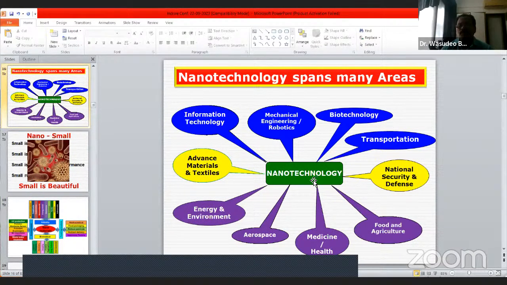So here is shown where we can use nanotechnology: security, defense, food packaging, agriculture science, medicine and health. So many areas are there, particularly biotechnology or the medical field, where drug delivery can also be carried out using this type of material.